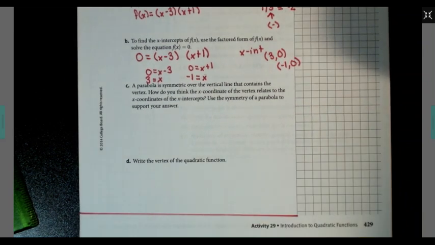A parabola is symmetrical over the vertical line that contains the vertex. How do you think the x-coordinate of the vertex relates to the x-coordinate of the x-intercept? Use the symmetry of a parabola to support your answer.